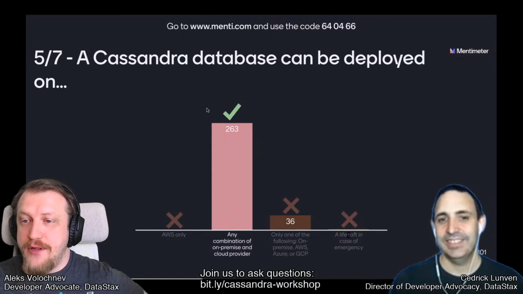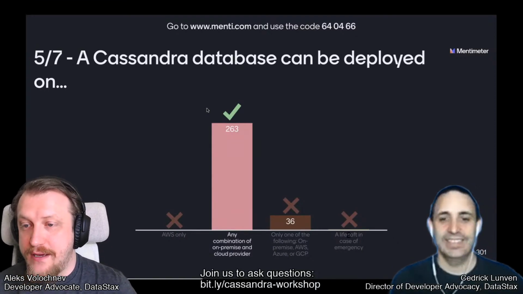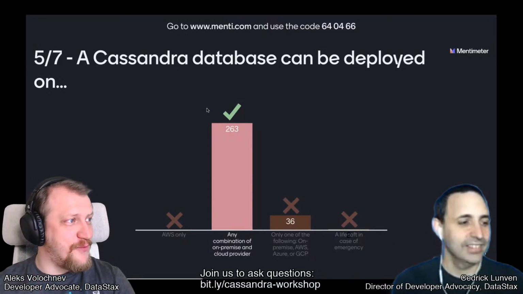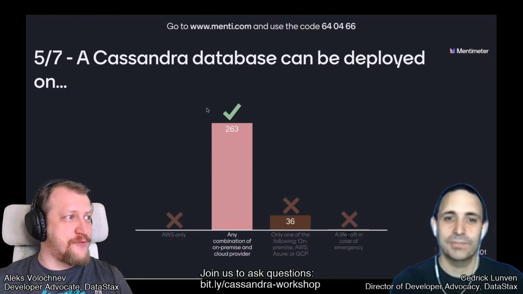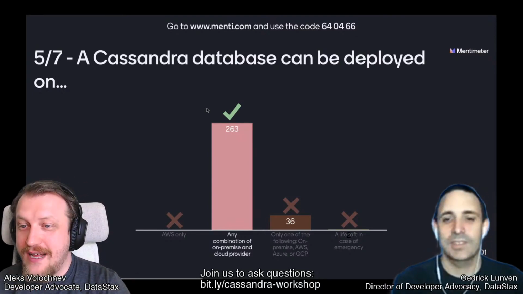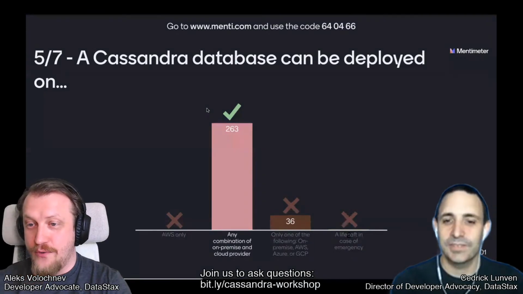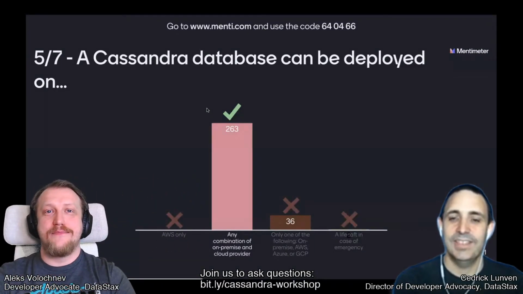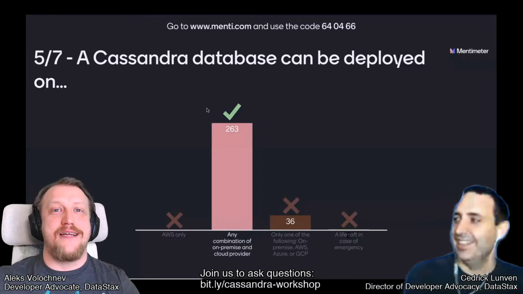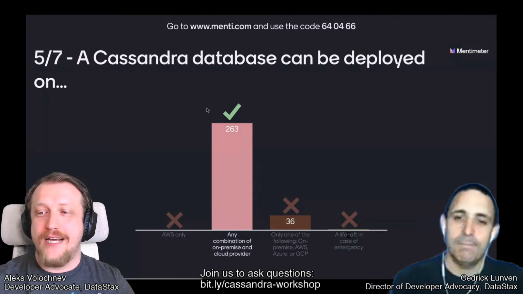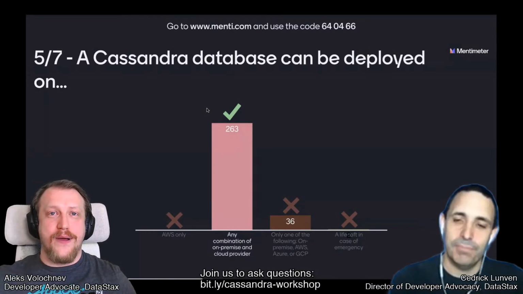And I see some people answered only one of the following. 36 people. Hey Cedric, it looks like we did our job not perfectly. Nope, you can deploy Cassandra at the same time on AWS, GCP, your own server, a Raspberry Pi set on the live raft, everywhere.